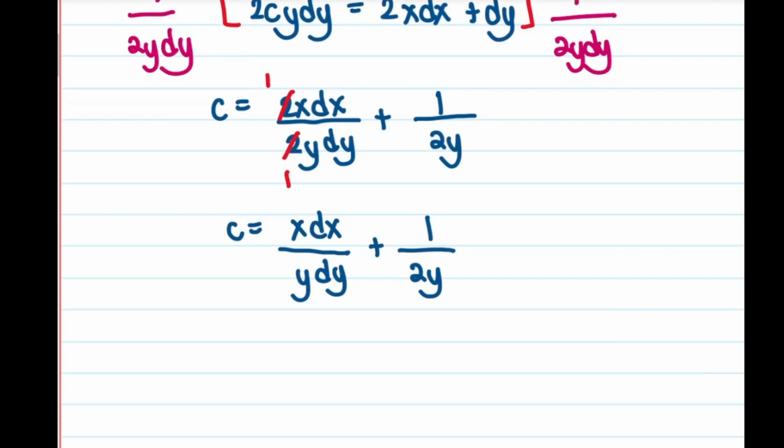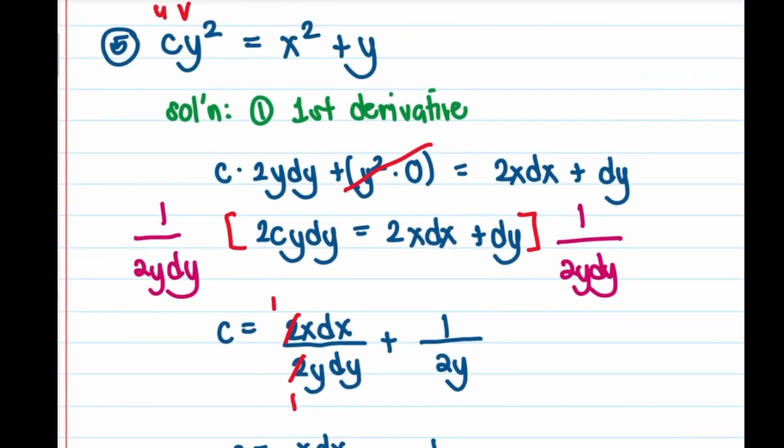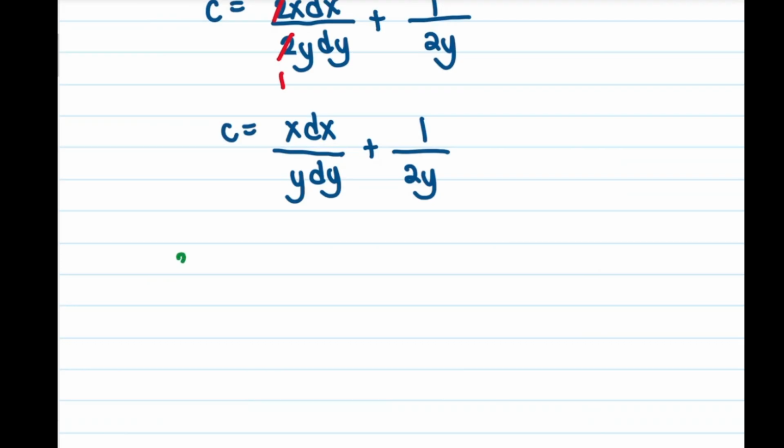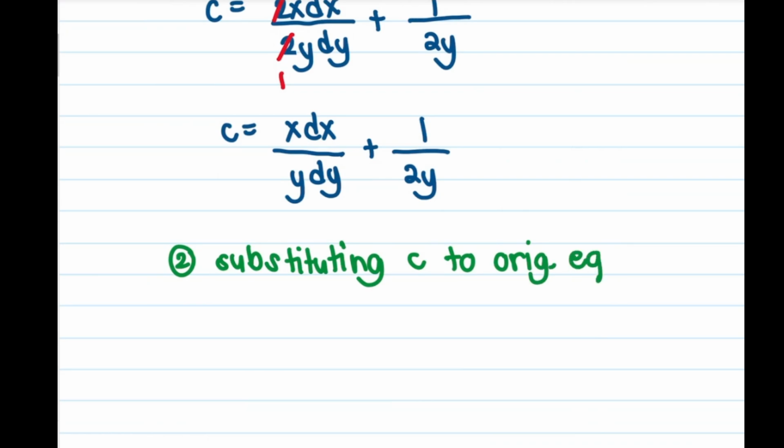Then, substituting to the original equation, our original equation is cy squared, substituting C to the original equation.